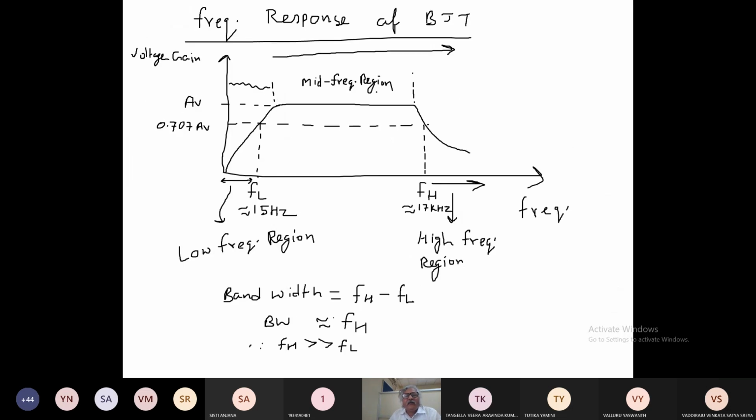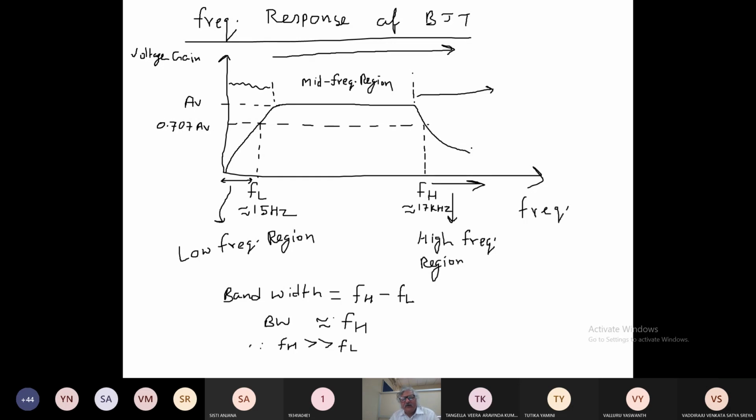Now you see in this diagram, in the mid frequency region there is no effect of CC1 and CC2. But now see the high frequency region, this region. There is a drop in the voltage gain. Now is this drop due to the coupling capacitor or not?